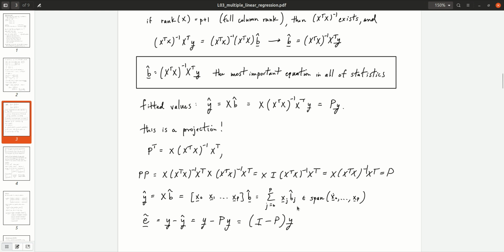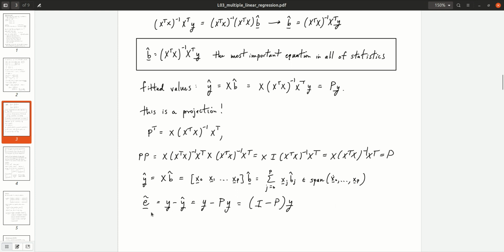So this has to be in the span of the columns of the design matrix, or the covariates, x0 up to xp. So it's a projection, and what is it a projection onto? It's a projection onto the columns of the design matrix X.